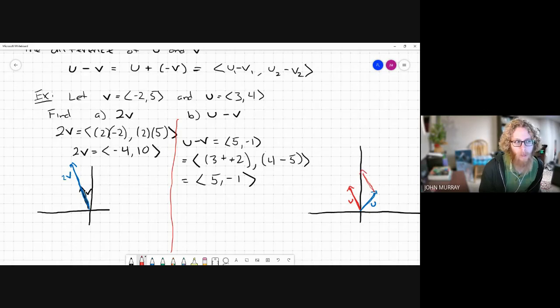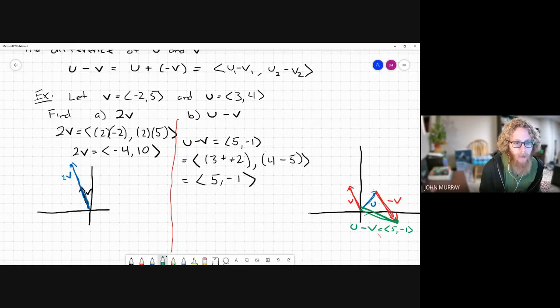But that would be addition. I'm subtracting v. So what that means is I have to take my v, and because I have the negative in front, I'm changing its direction to down. So this over here would be minus v. And then my result would be that u minus v there, okay?